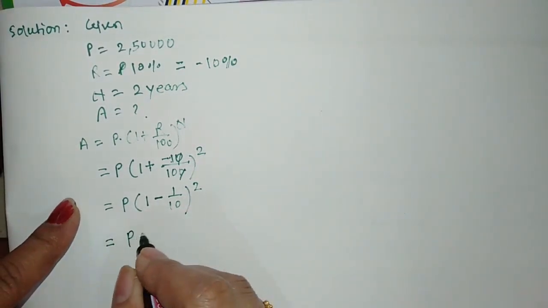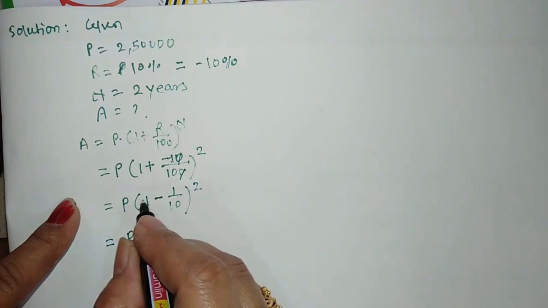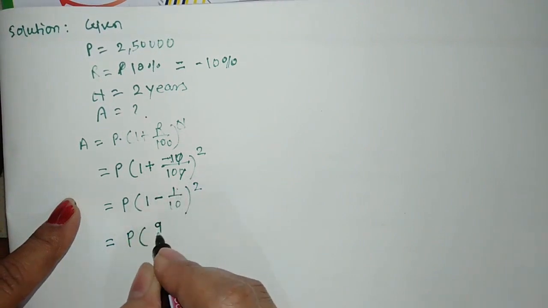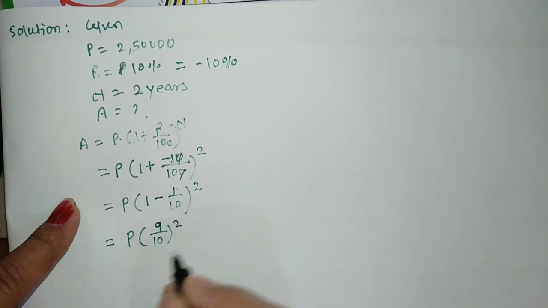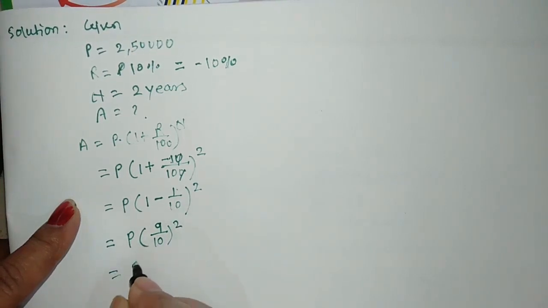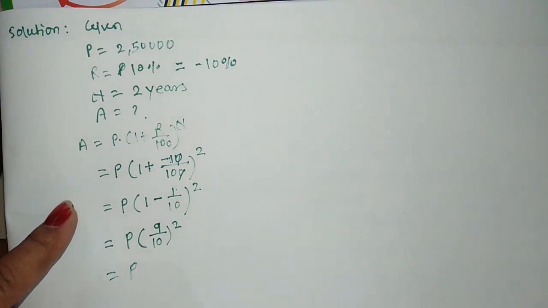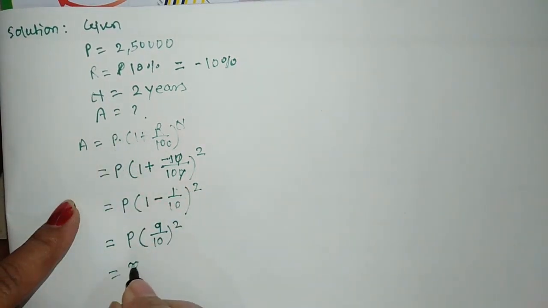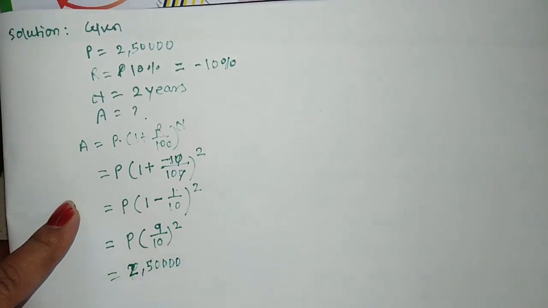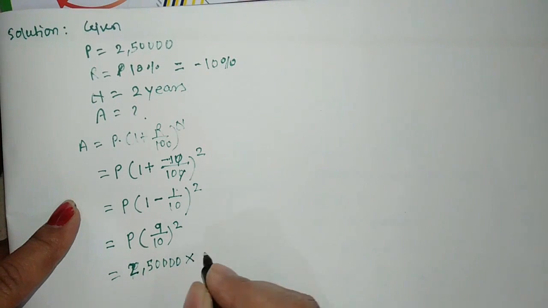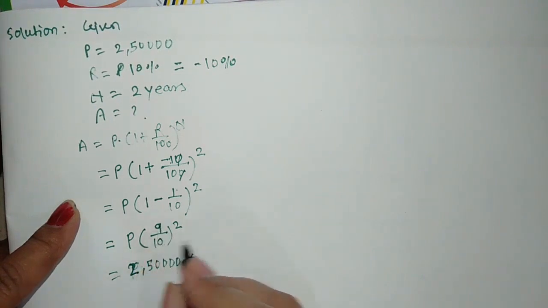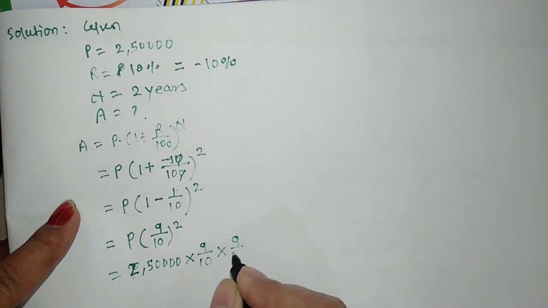So equal to P into 10 ones are 10, 10 minus 1 is 9, 9 upon 10 square. So 2,50,000, instead of P here, into, take the 2 times multiplication of 9 upon 10. So 9 upon 10 multiply by 9 upon 10.